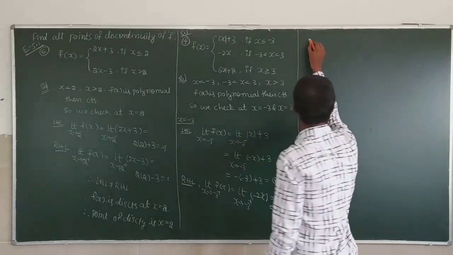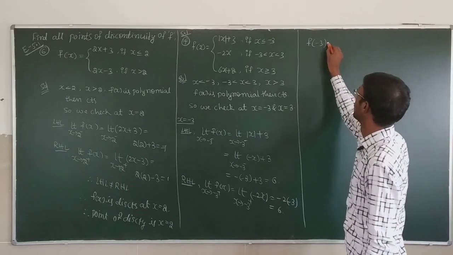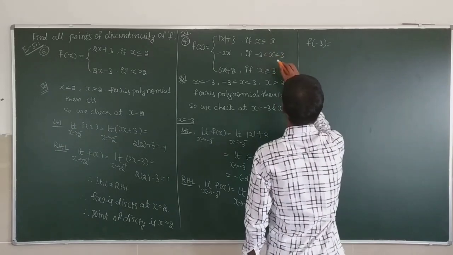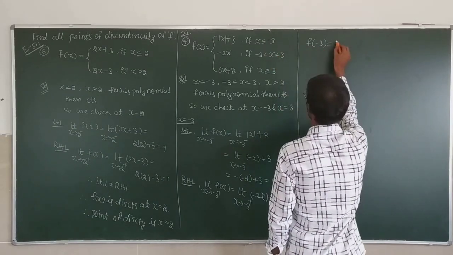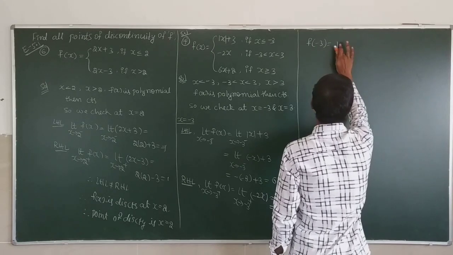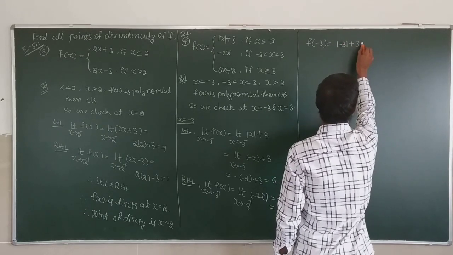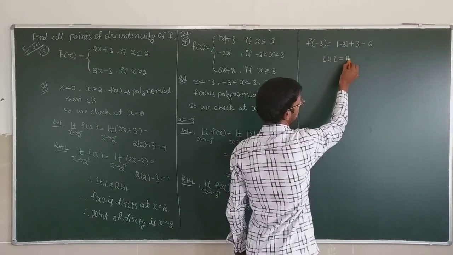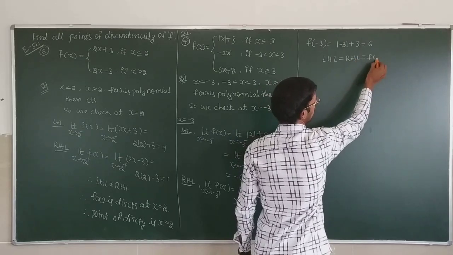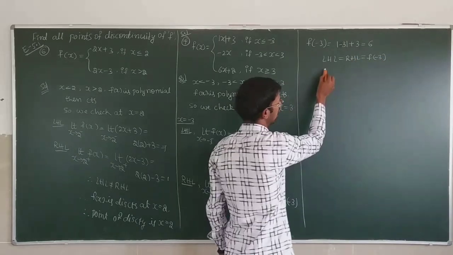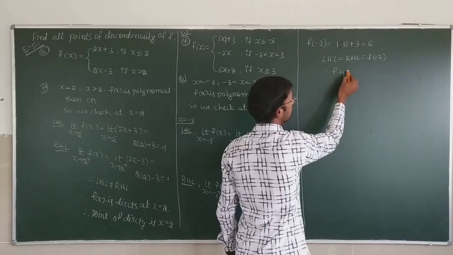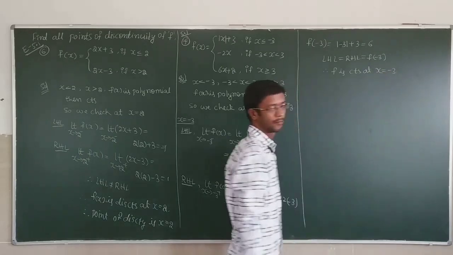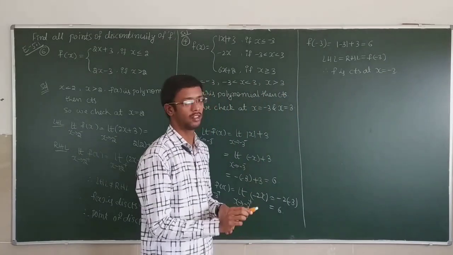Now you have to find f of minus 3, which is mod of minus 3 plus 3, equal to 6. LHL is equal to RHL is equal to f of minus 3. Therefore, f is continuous at x equal to minus 3.